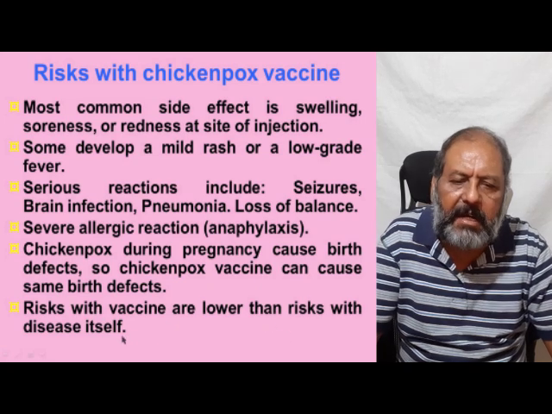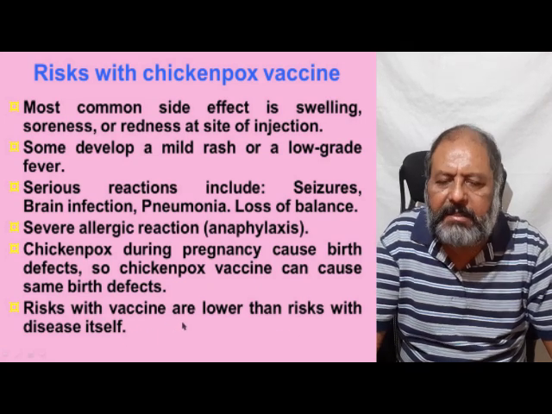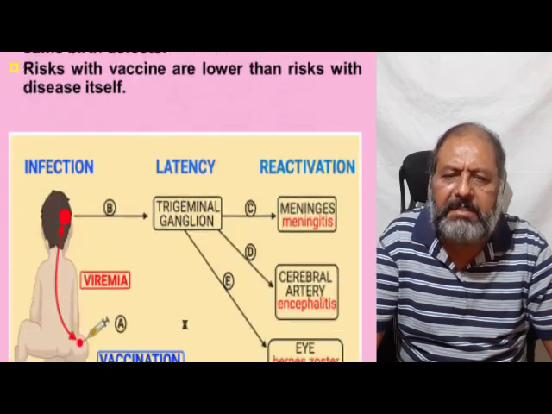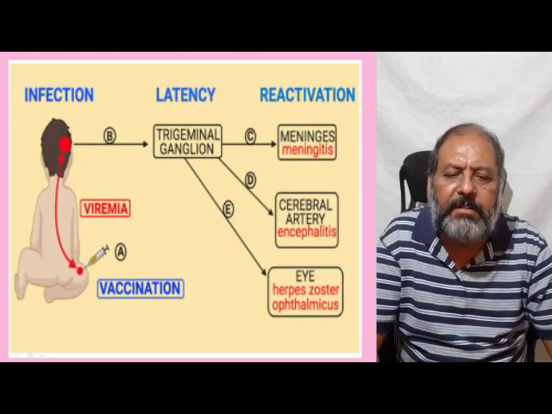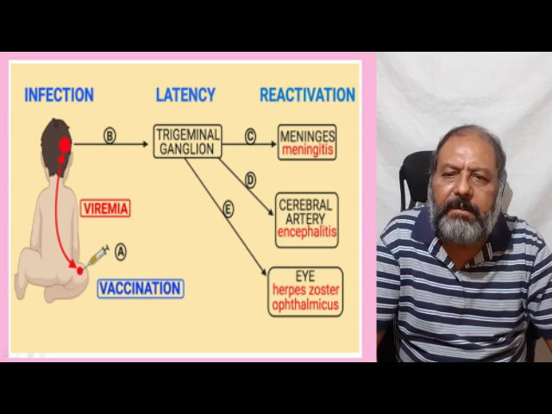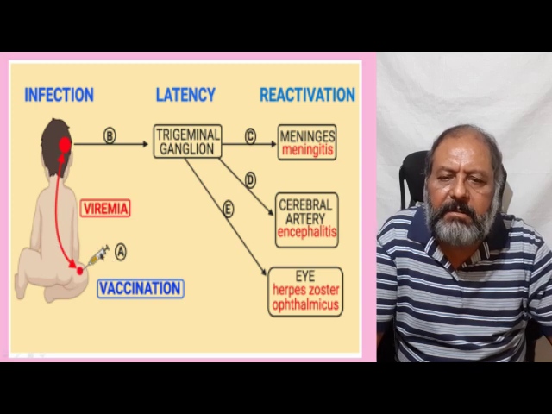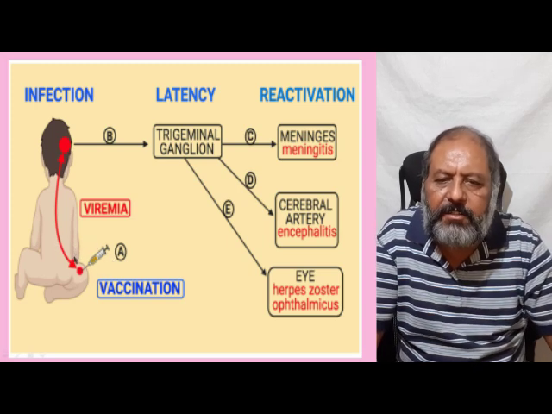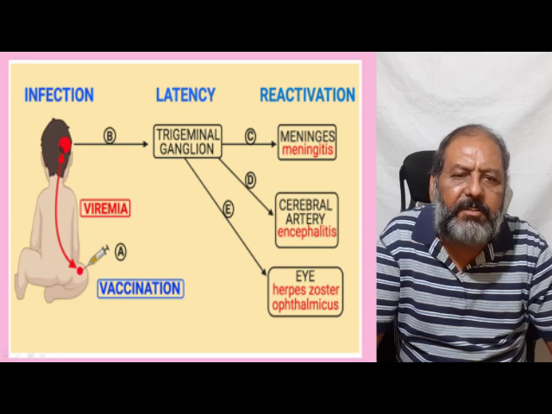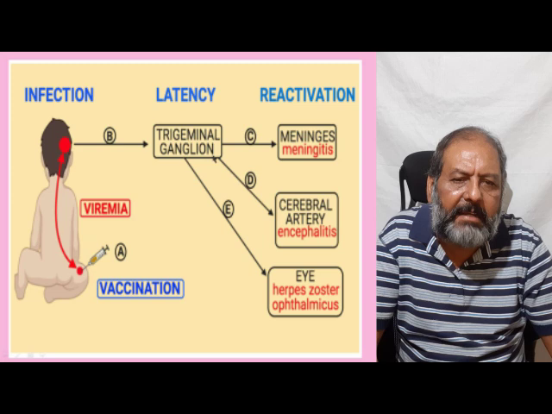Risk with the vaccine is lower than the risk with the disease itself, which can kill the patient. So one can see the infection in the child, and the child given the vaccination can develop viremia, and this virus can go to the trigeminal ganglion.